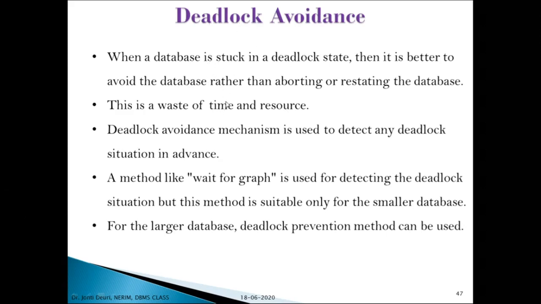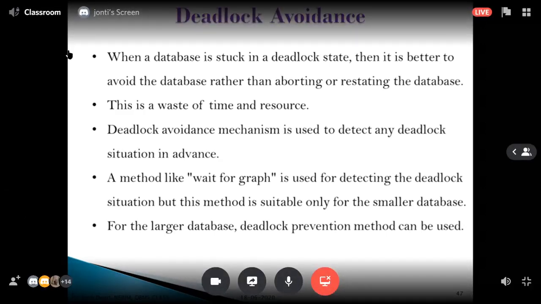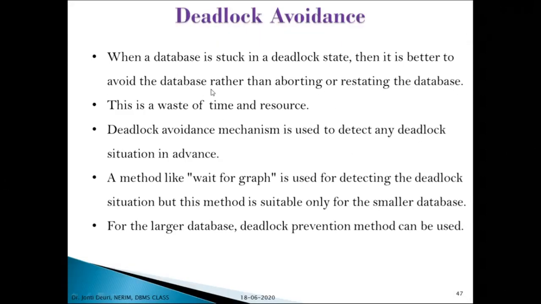If you can detect that a deadlock will occur, or that a deadlock may happen if you do that transaction, then you can avoid it, right? Otherwise, if you go there, it is simply a waste of time and resources. Anyway, you should avoid this.